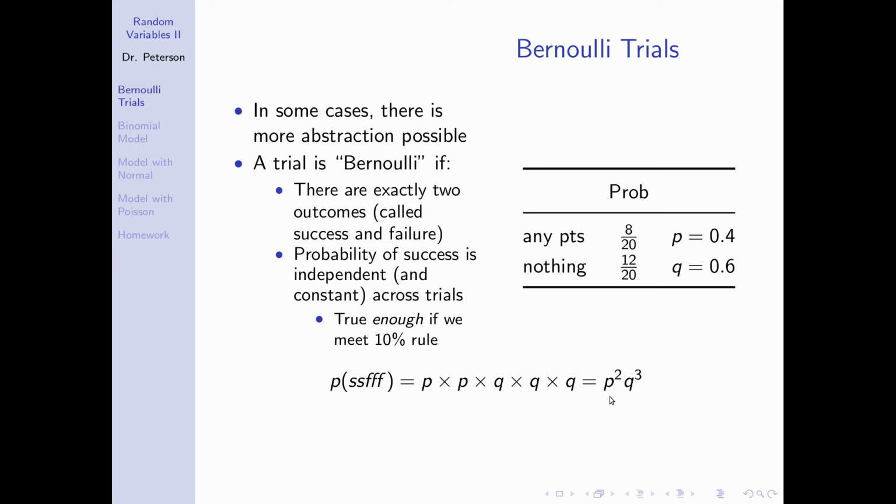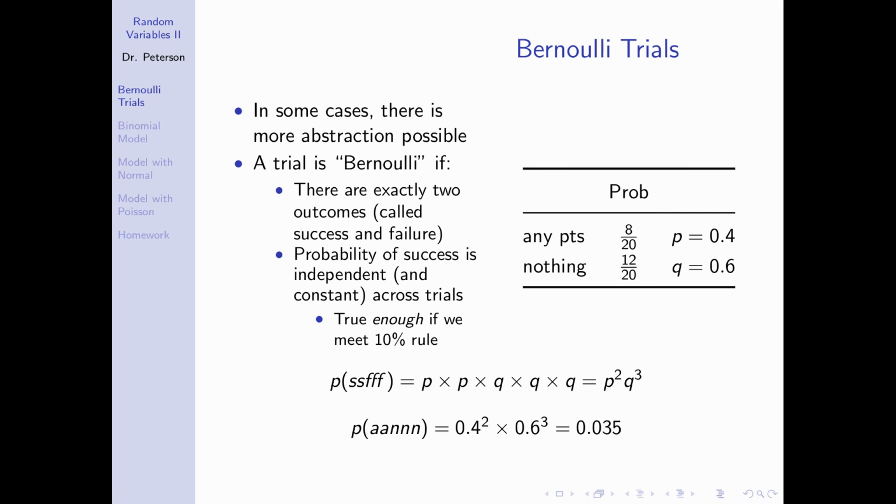So this reduces down to p squared times q to the third. 2 p's, p to the 2, 3 q's, q to the third. So for our question of any points or no points, if we want to know the probability of getting 2 people with points first, and then the next 3 people getting nothing, take 0.4 squared times 0.6 to the third, and we get a value of 0.035.